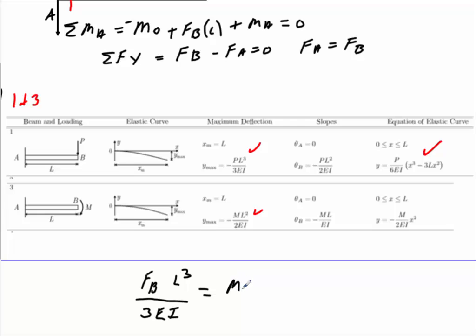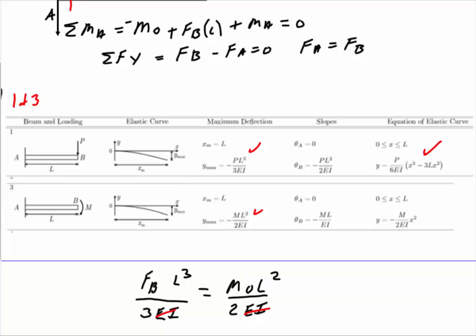So that's going to give me my moment, and my moment was going to be, what was that going to be? MO, I believe, times L squared over 2EI. So now simplify as you can, and what's going to happen, I is going to cancel out here.